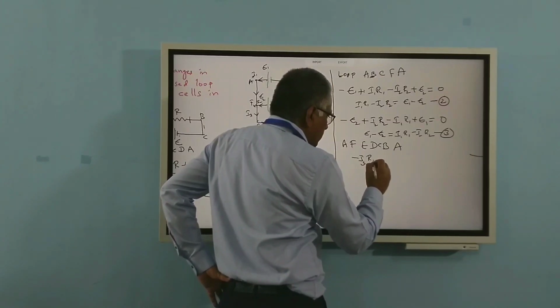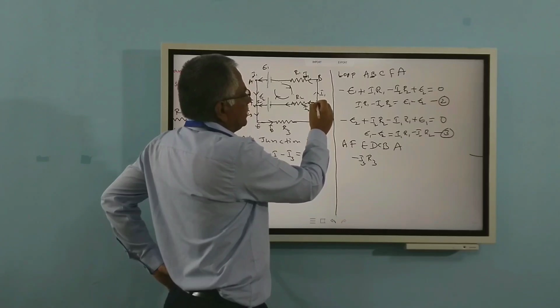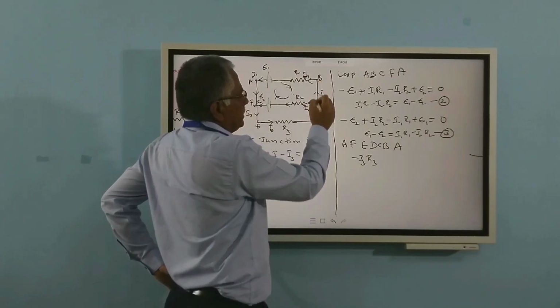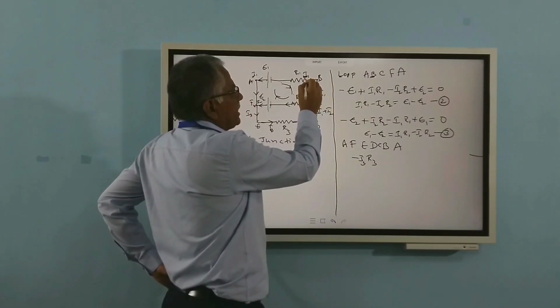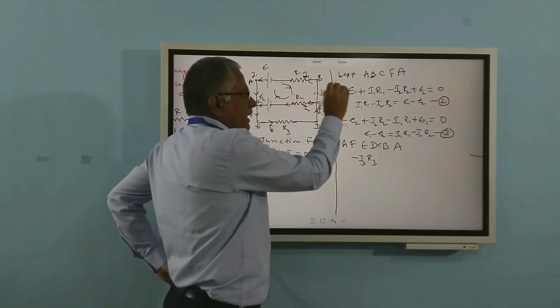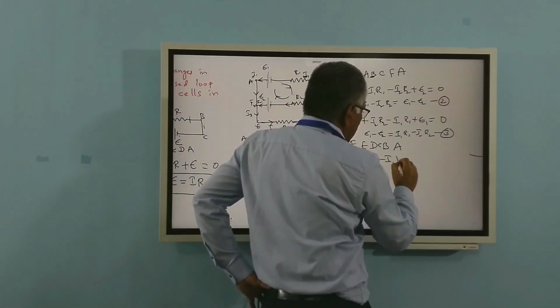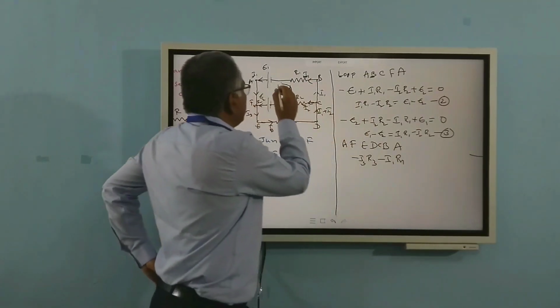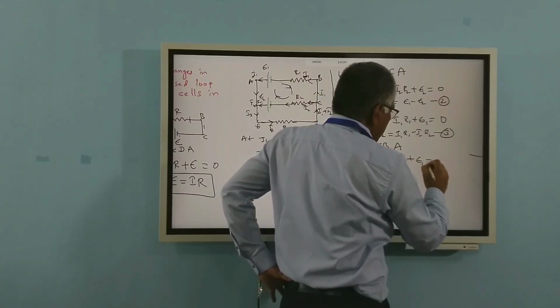Minus I3 R3. Going here, you can see there is no need to bend towards left side. Straight you go A, B, D, C, then B, then I1 R1. The same direction the current we are going. Same direction again minus I1 R1, is equal to here negative to positive plus E1 is equal to 0.